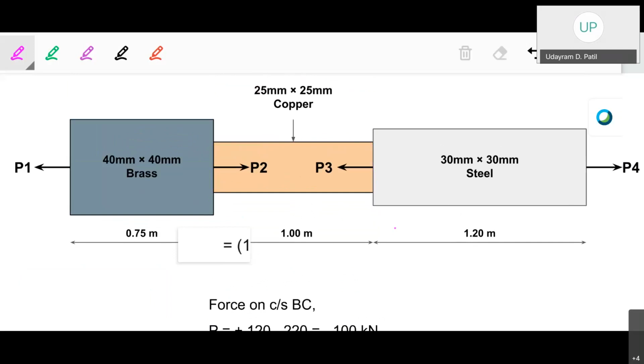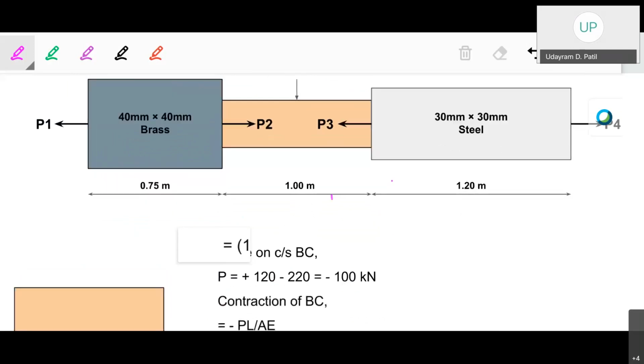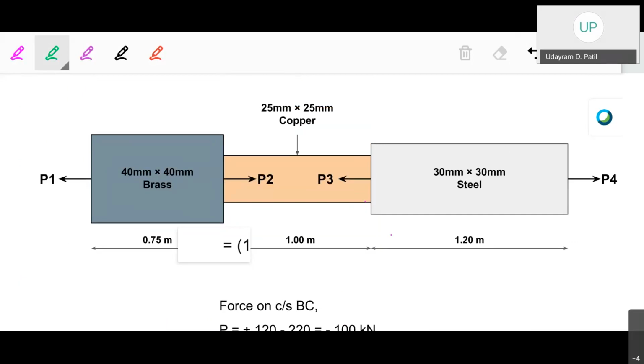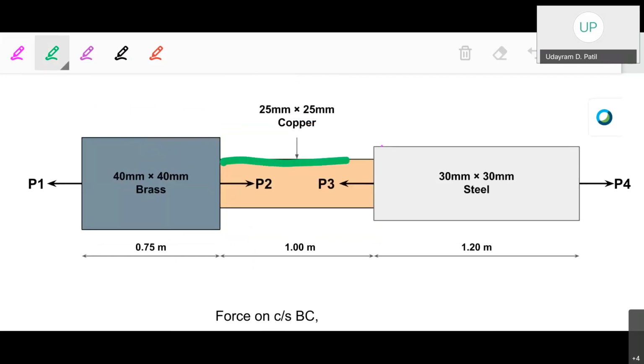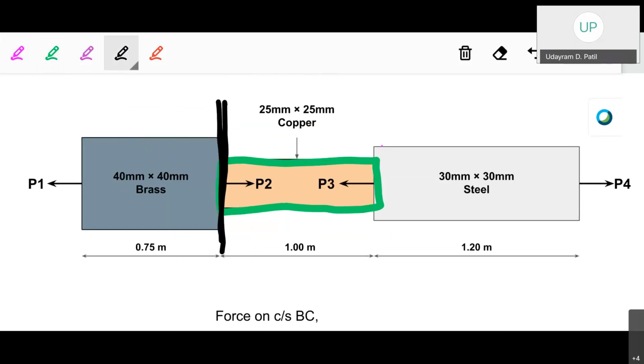Again, considering the left hand side of this particular section, one force is there, that is P2, and on the right of that section, one force is there, that is P1. Thereby calculating the value.